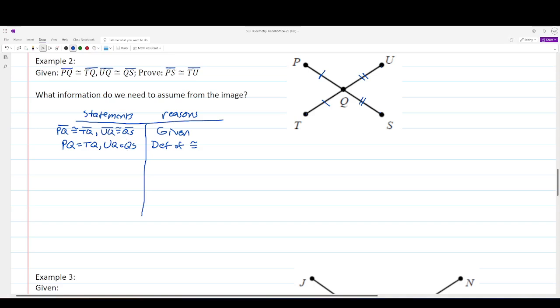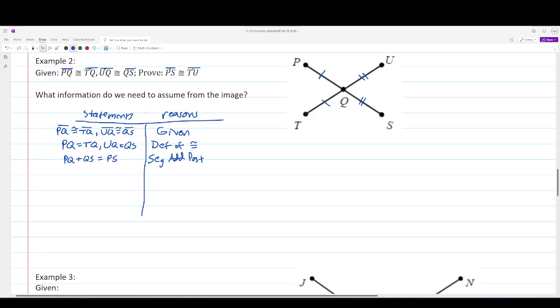But in our talk through, we said that 1 plus 2 equals the total length. So what we described by that is the segment addition postulate. I'm going to use segment addition to say PQ plus QS, that's the 2 parts of the down slanting segment, is equal to the whole segment length, which is PS, and we use the segment addition postulate in order to justify that.